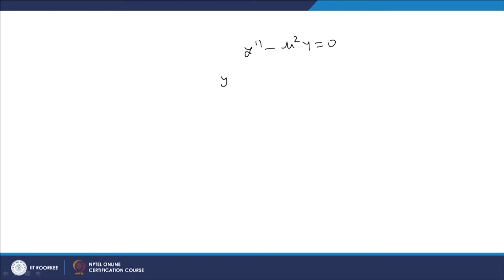So we can write the solution y(t) equal to a e to the power mu t plus b e to the power minus mu t, and we need to find the coefficients a and b. For that, let us utilize the conditions y(0) equal to 0 and y(pi) equal to 0. When you apply y(0) equal to 0, it is a plus b equal to 0, and when you apply y(pi) equal to 0, it is a e to the power mu pi plus b e to the power minus mu pi equal to 0.